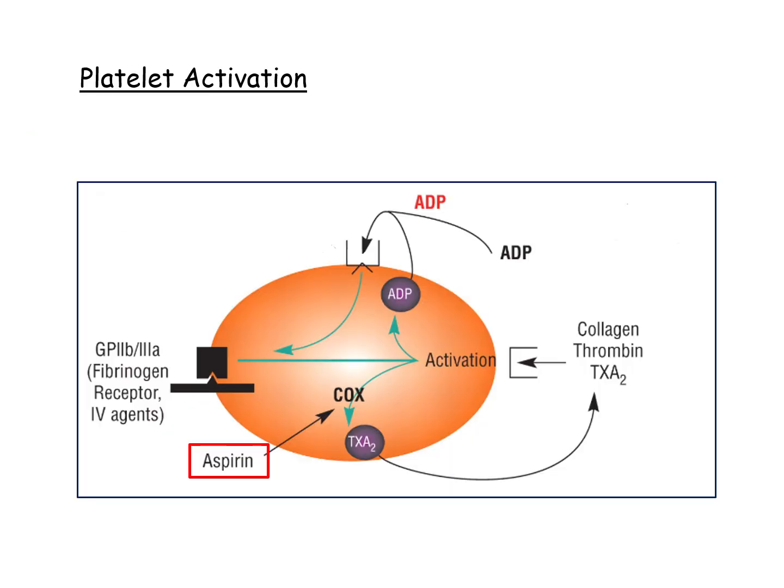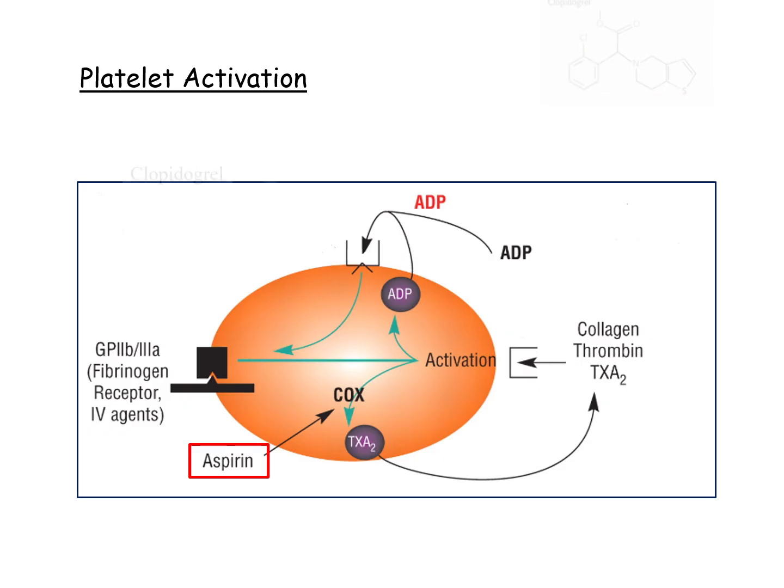This diagram shows the activation pathways for platelets, which can be done either through thromboxane A2, the ADP receptor, or the glycoprotein 2B3A receptor. Aspirin has been the traditional antiplatelet medication, which works by blocking cyclooxygenase, but aspirin is a relatively weak antiplatelet medication.